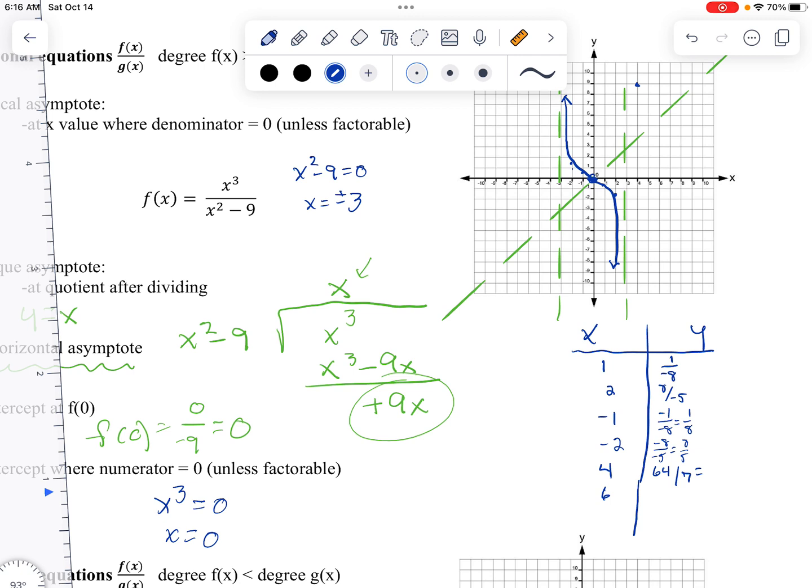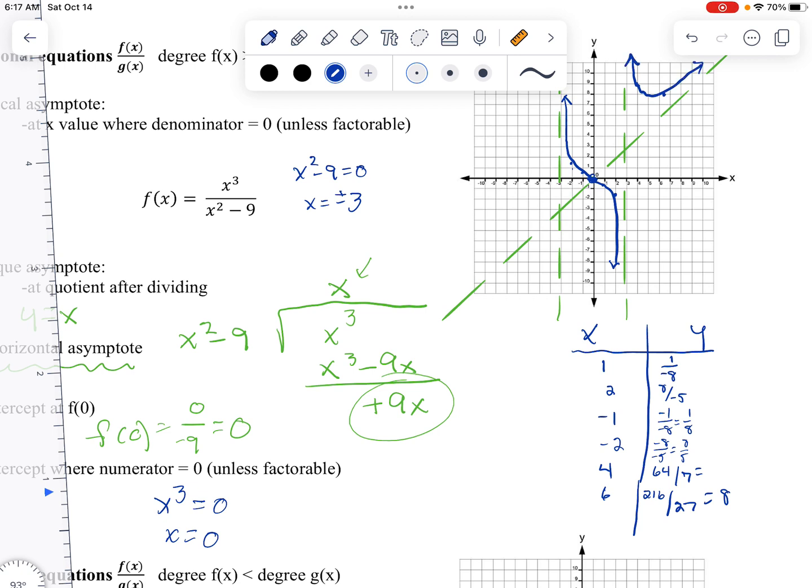So 6 to the third, that's not something I've memorized. 216. And 36 minus 9 is 27. 216 divided by 27 is 8. So 6 and 8. And your curve is then going to go toward your asymptotes.